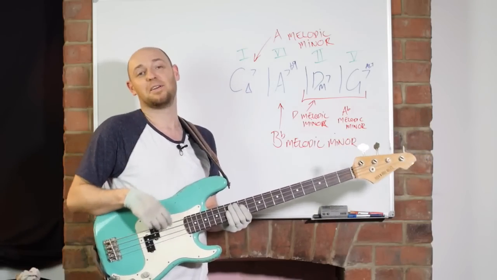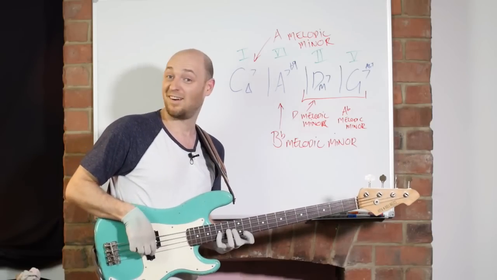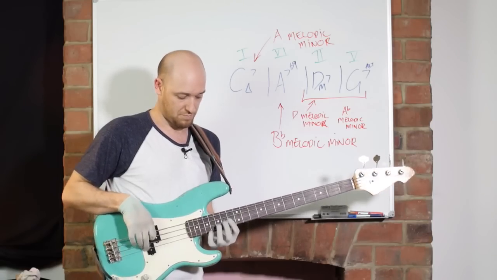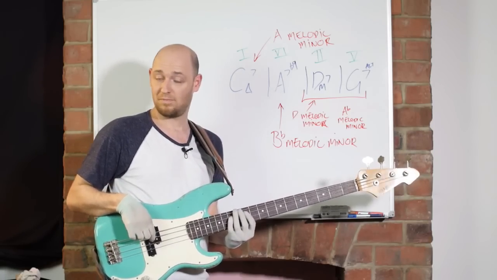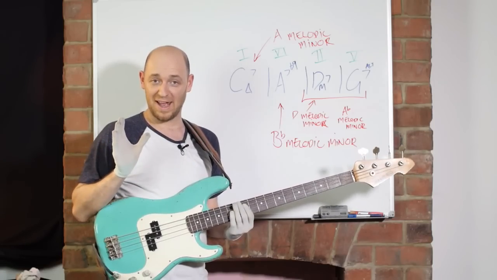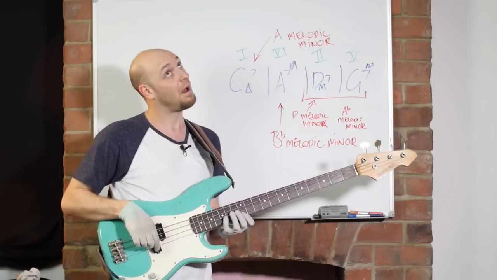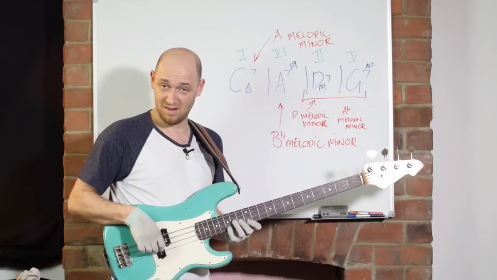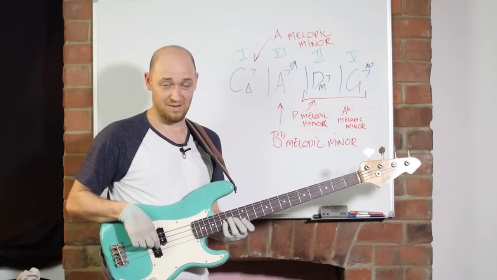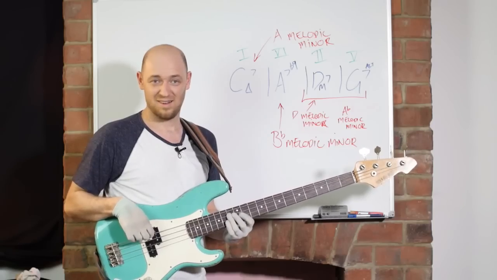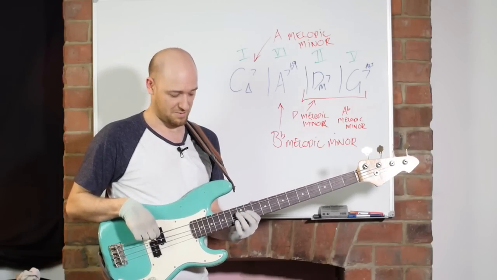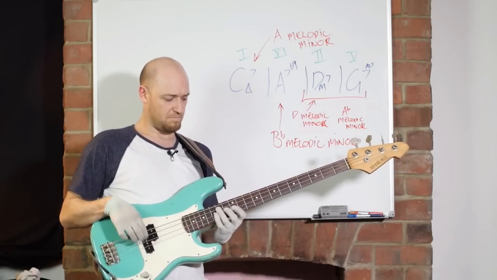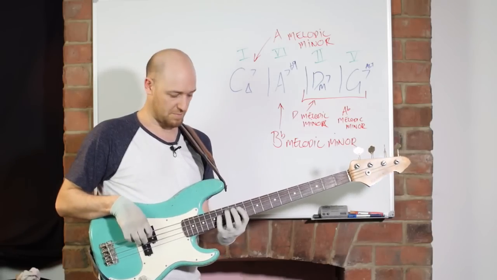So an A flat Dorian scale would be this, but we're going to play a major 7, so you've got natural 6 and that major 7. Okay, A flat melodic minor.